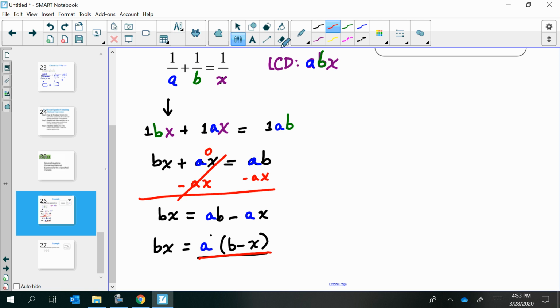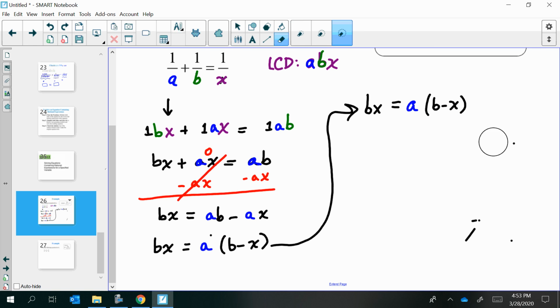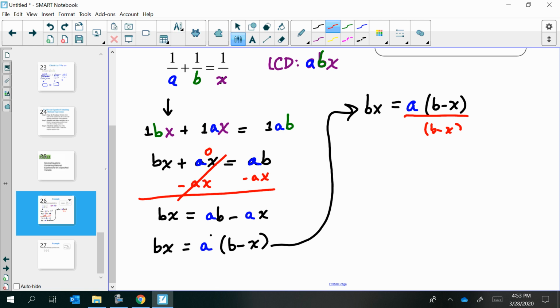I guess I'll write that in a separate step just so that it's more clear. So now I have bx equals a times b minus x, and I'm going to divide both sides by the quantity b minus x.